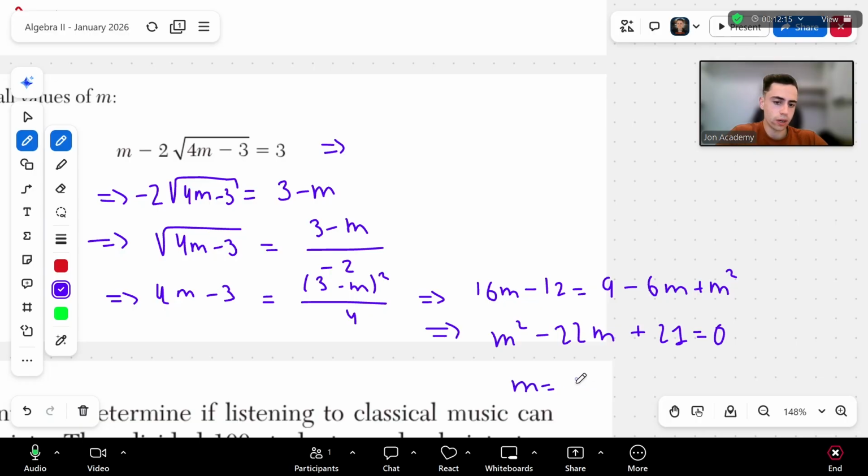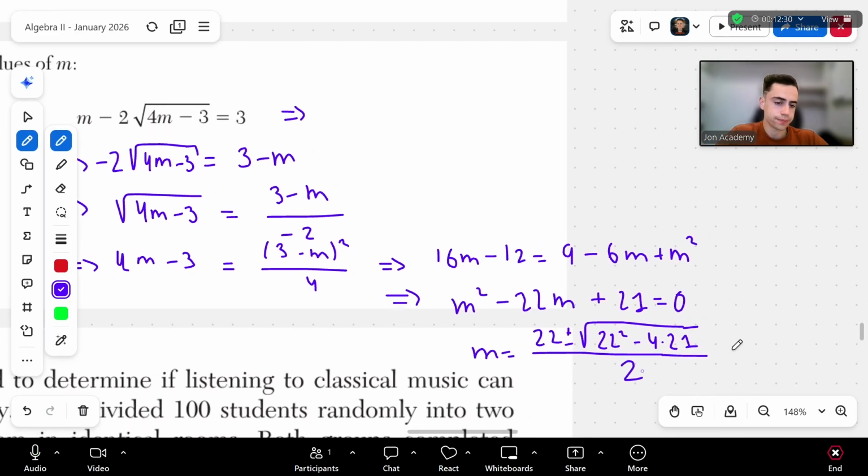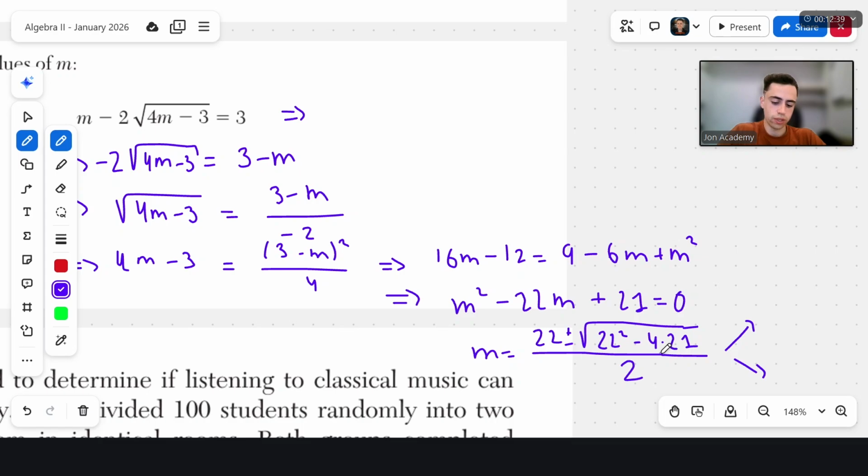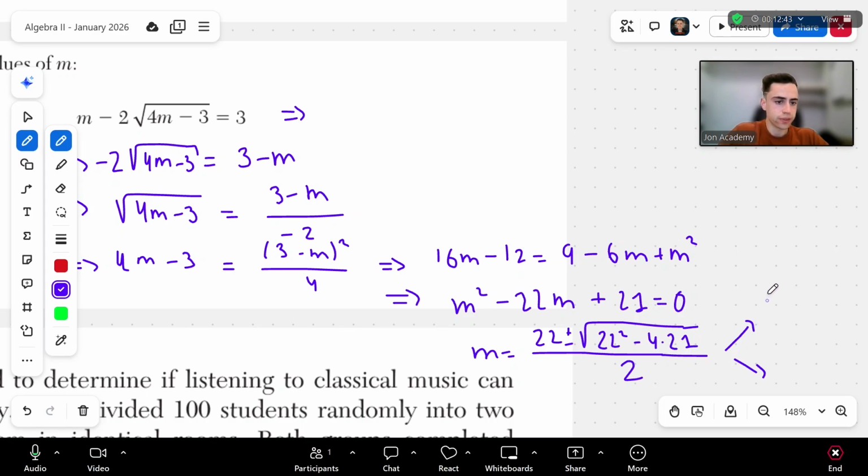M equals 22 plus minus the square root of 22 squared minus 4 times 21 times 1, and divided by 2. And now let's keep going. The square root of this is 22 minus 81, no, sorry, minus 84, which is 20.